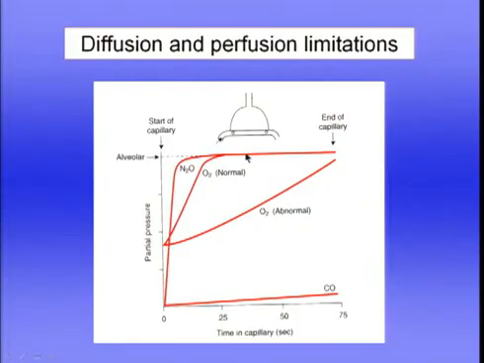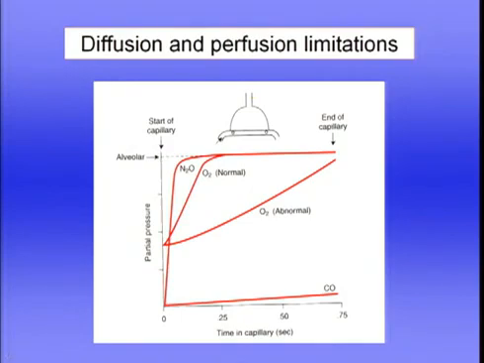In fact, carbon monoxide is moving as fast as it can across the blood gas barrier the whole length of the capillary, because there's essentially no back pressure at all. So what's limiting the amount of carbon monoxide being taken up is the diffusion properties of the blood gas barrier. So we say that CO, carbon monoxide, is diffusion limited.